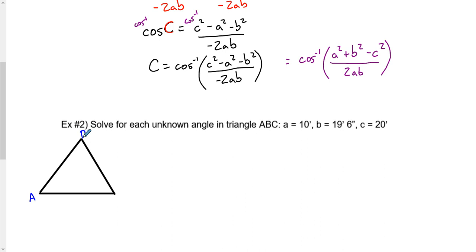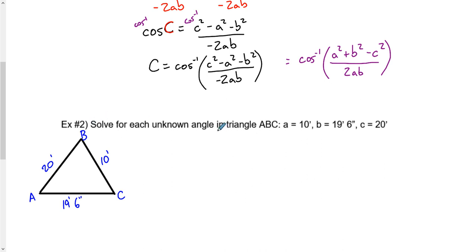So that's our A, that's our B, and that's our C. Side A is 10. Side B is 19 feet, 6 inches, and side C is 20 feet. You'll notice that this is for sure not drawn to scale, but it doesn't matter.